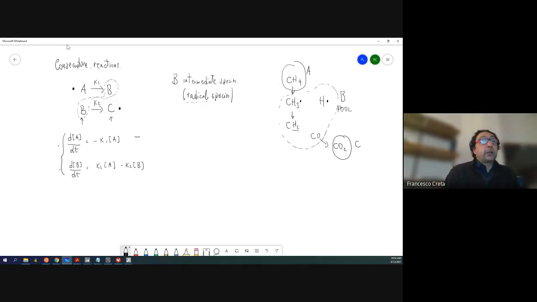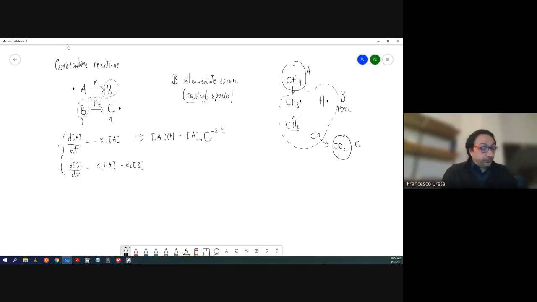In particular, this is straightforward to solve because this is fully linear. So by just looking at it, we can solve it. A of t is the initial condition, and then an exponential e to the minus K1t. What about B?